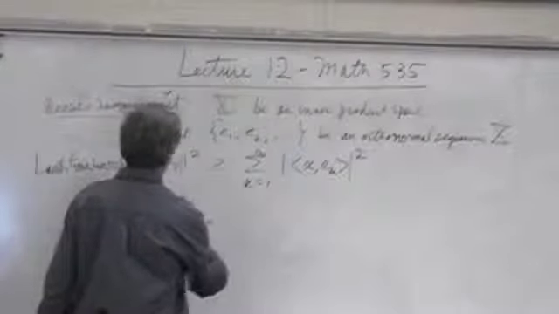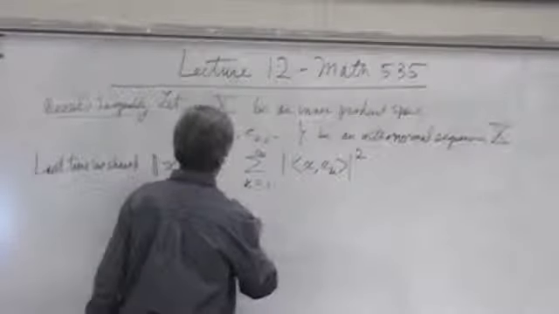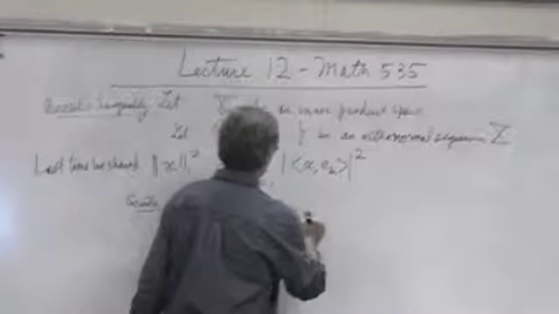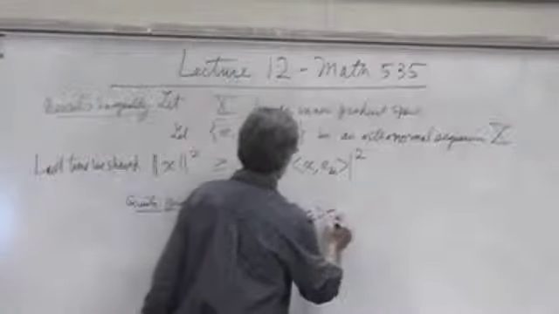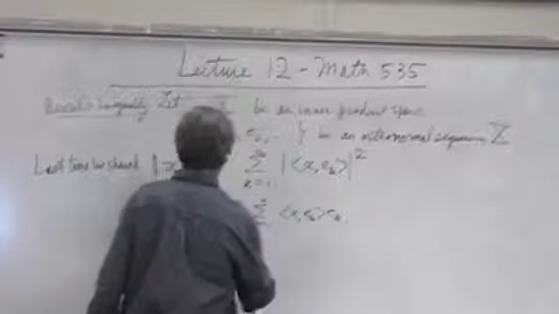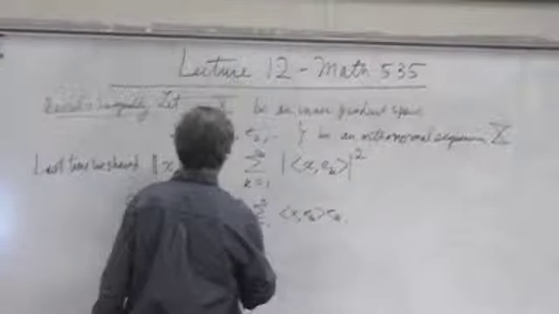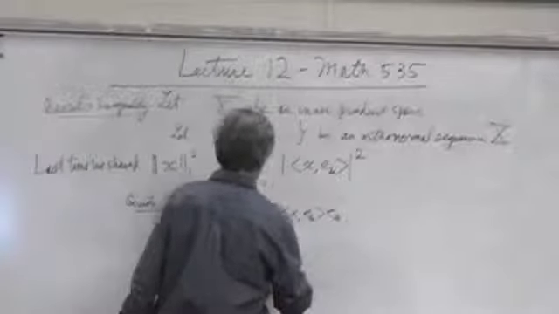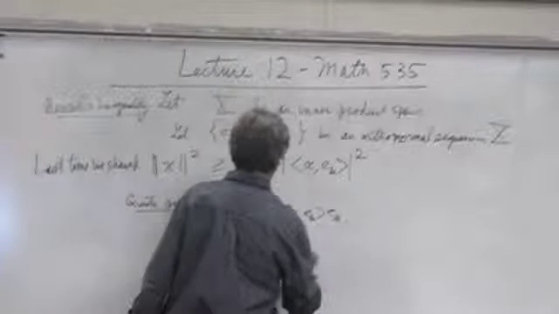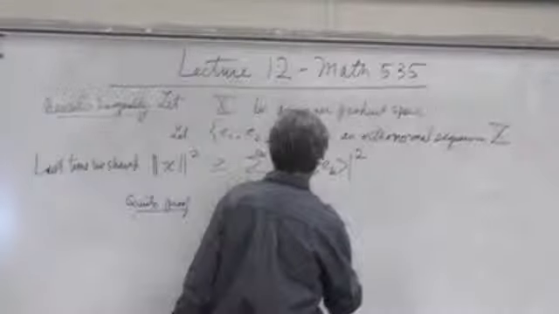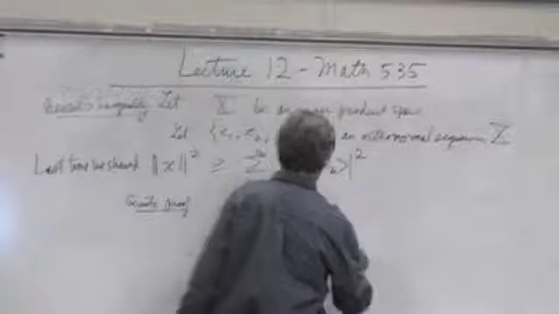You simply write y1 equals the summation, k goes from 1 to n, of (x, ek) ek, and then you show that x minus y1 is perpendicular to e1 through en.